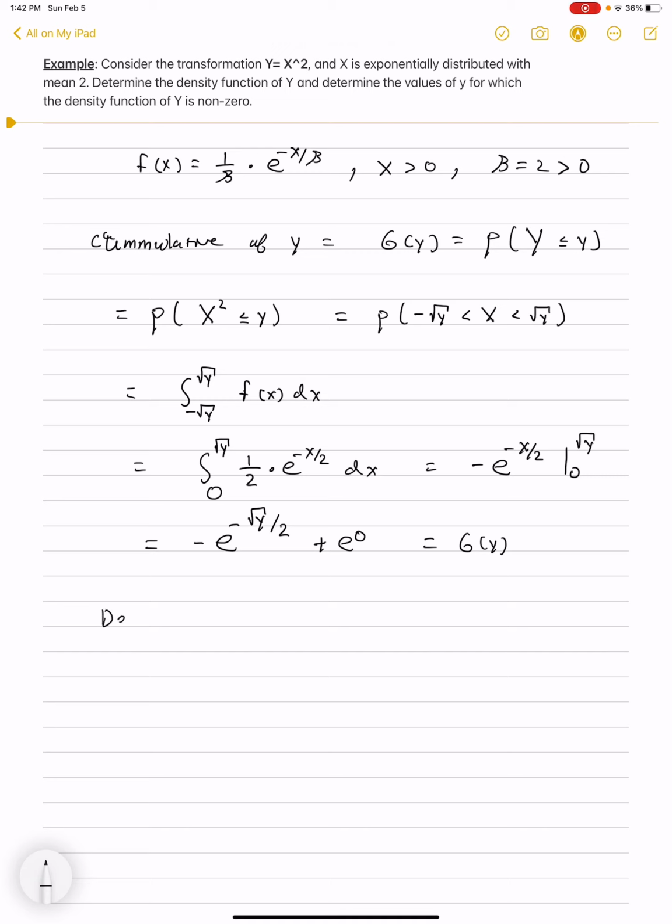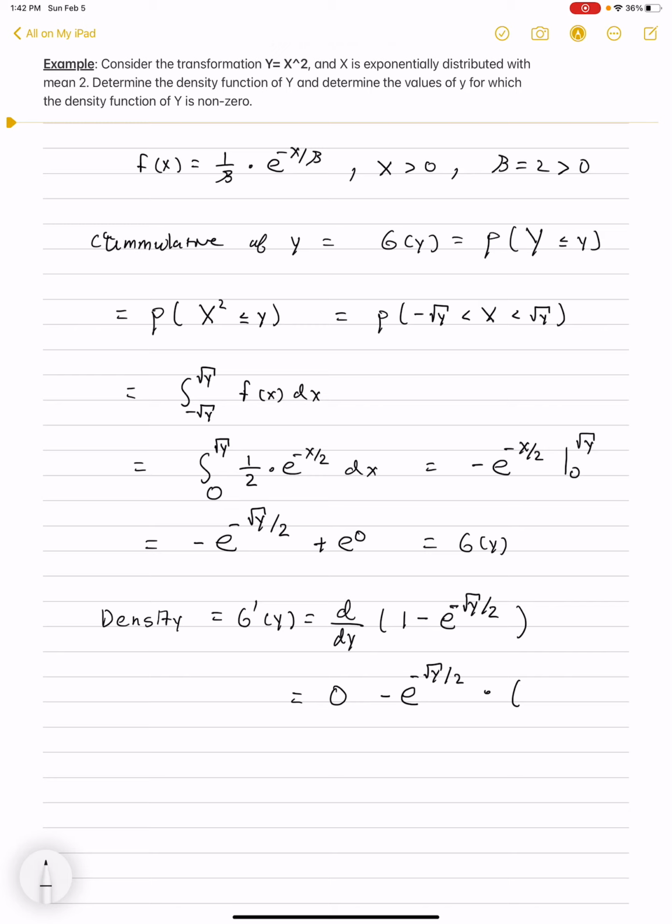If we want the density, we have to take the derivative. G prime of y is equal to the derivative with respect to y of 1 minus e to the minus root y over 2. Now we take the derivative, the first term's 0, the second term uses the chain rule, so it is itself, e to the minus root y over 2, times the derivative of what's inside.